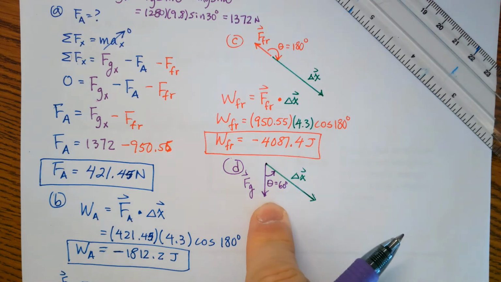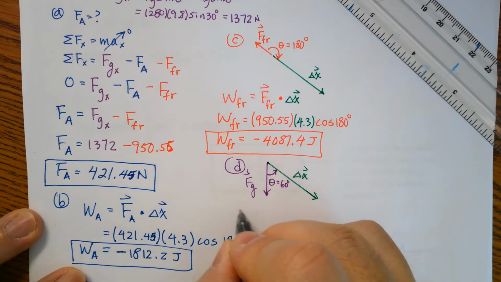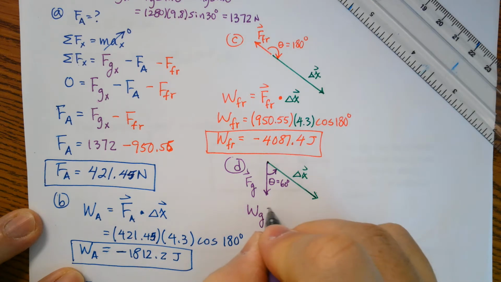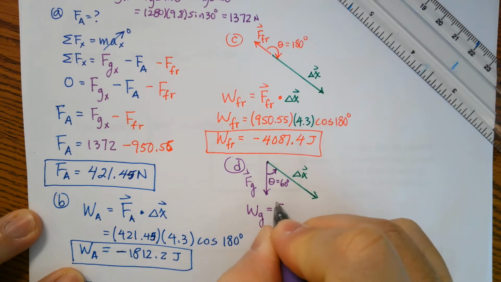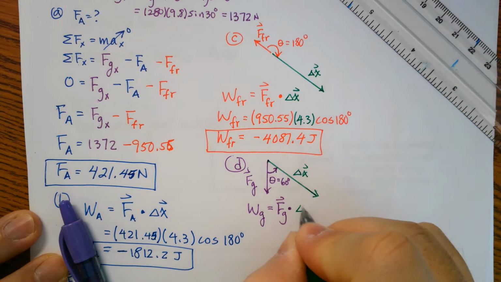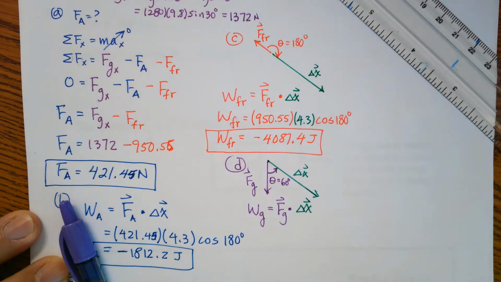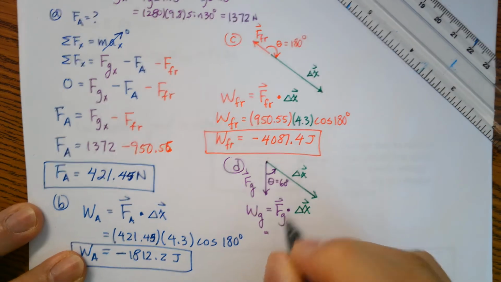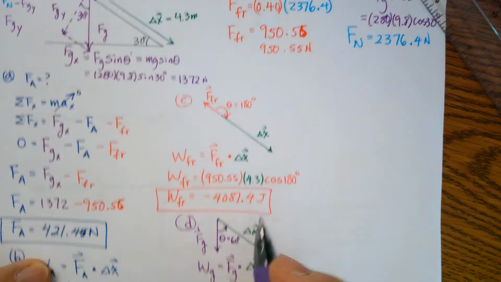So if we were to find work done by Fg, work done by gravity is equal to Fg dot delta x. What is Fg? That is mg.